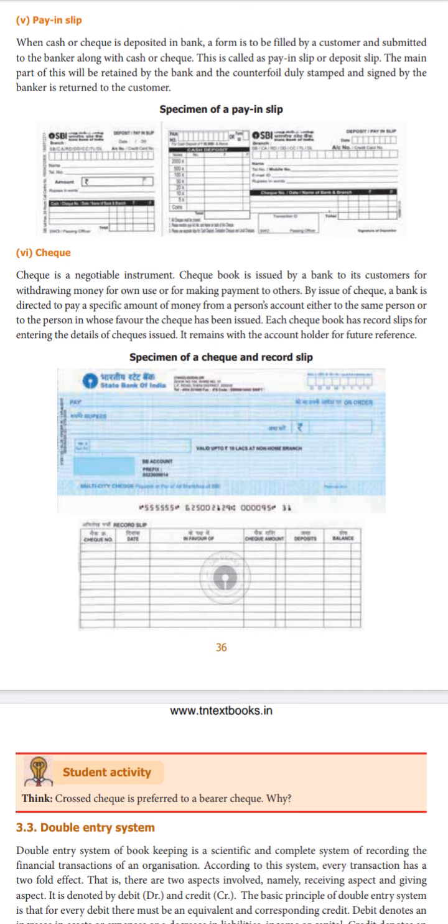The left side part, that is the counterfoil, will be sealed, stamped and signed by the banker, and returned to the customer, which means the customer will have proof that he has deposited a certain amount in the bank. Because that's a financial transaction, this counterfoil must be attached with the financial transaction as a proof.